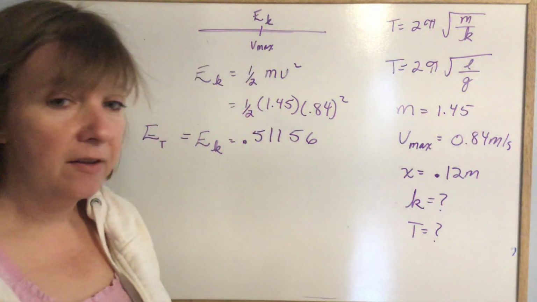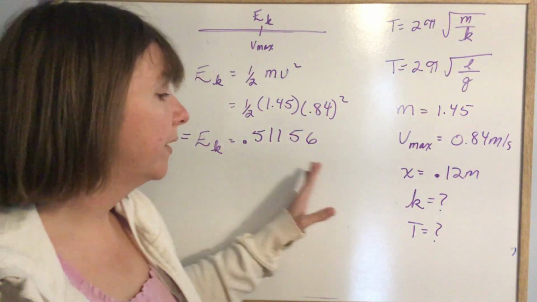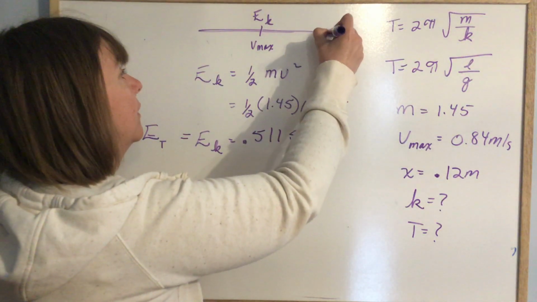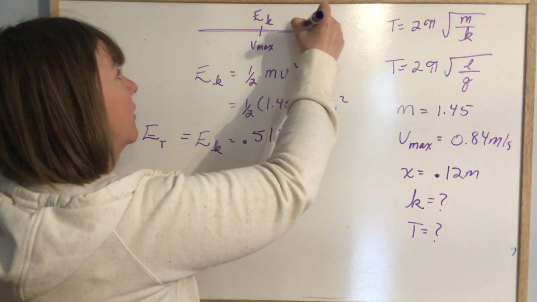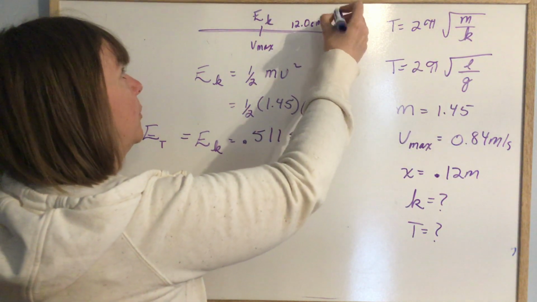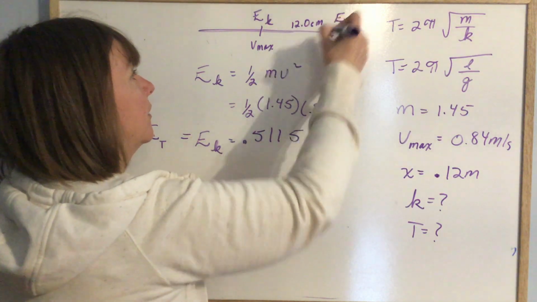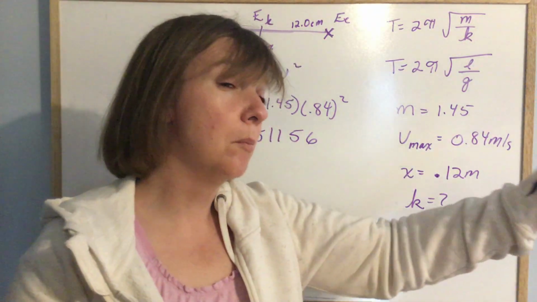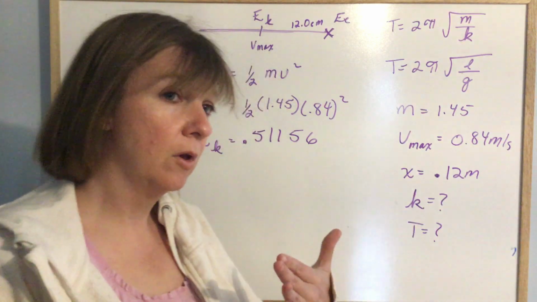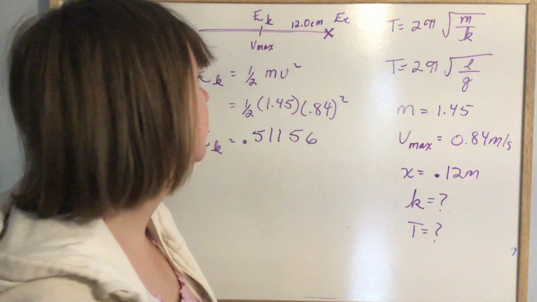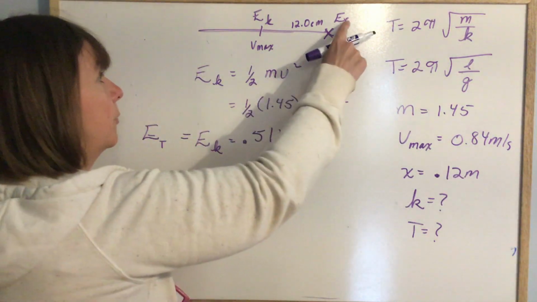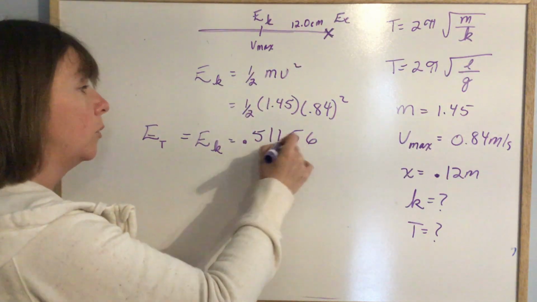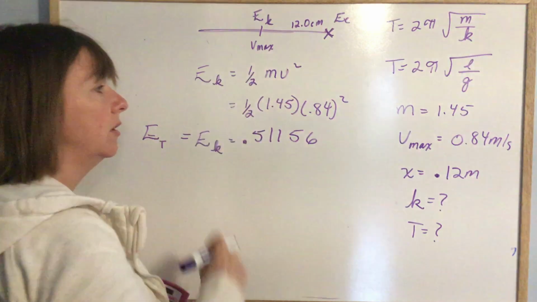Now, if I stretch it out to 12 centimeters, that's at the end here. At this point, all of the energy is elastic potential energy, because it's stretched to its max, it's momentarily stopped, and then it will start coming back in. So at this point, my elastic potential energy would equal what my kinetic energy was here, right?